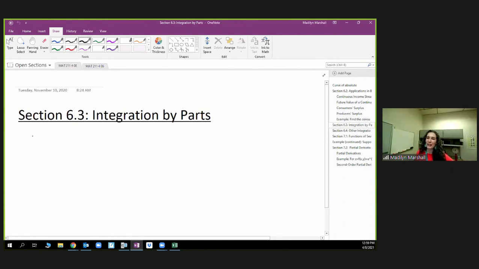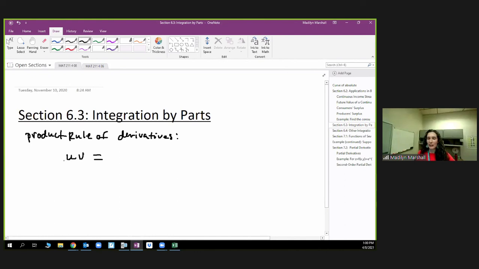Integration by parts comes from the product rule of derivatives. So our product rule, we usually use F and S as first and second for the product rule of derivatives.